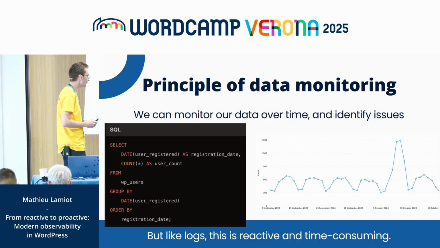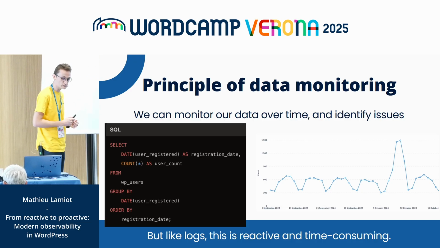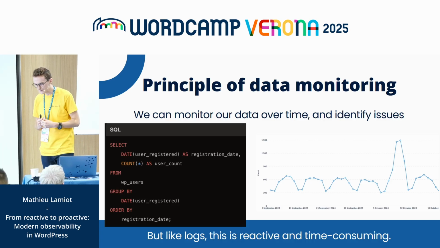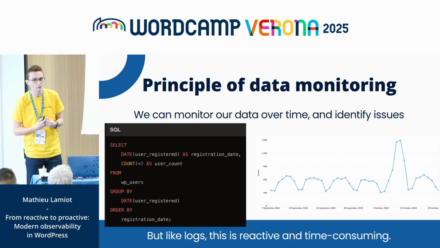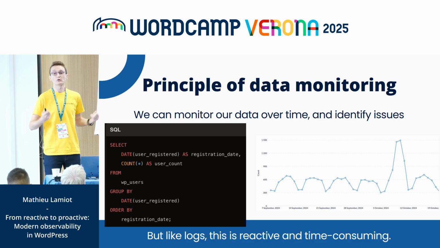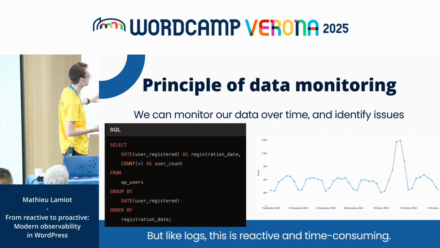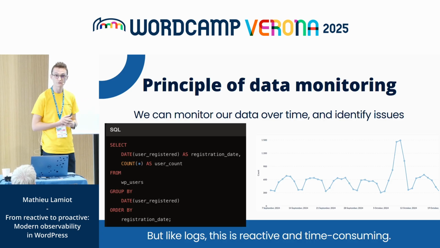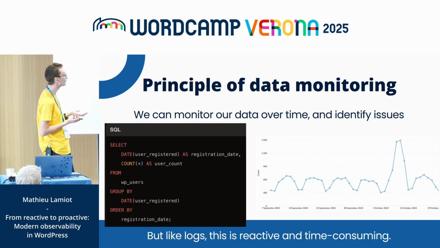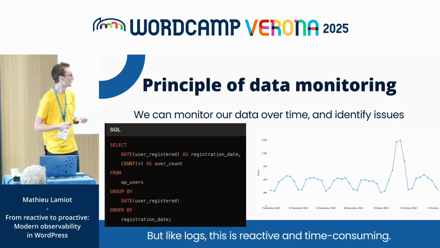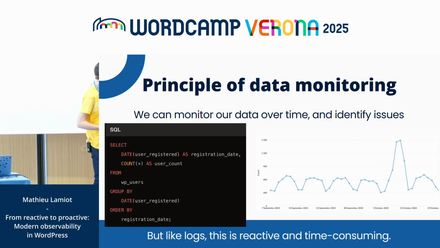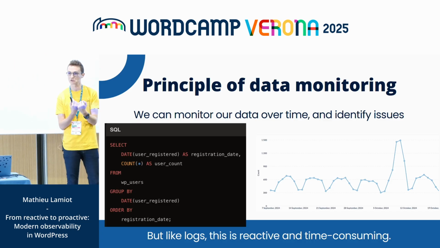Here, this is an example that we actually used in my company. We were investigating slowdowns on one of our websites. We were not sure where it was coming from, but the website from time to time was slow. And at some point, someone plotted this graph out of the database. It's just the number of new users per day. So you can see usually we have a pattern during the week, and of course during the weekends we have much less users.